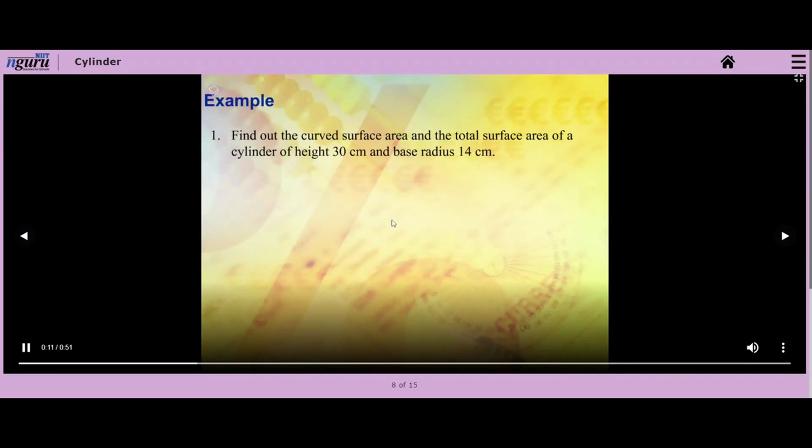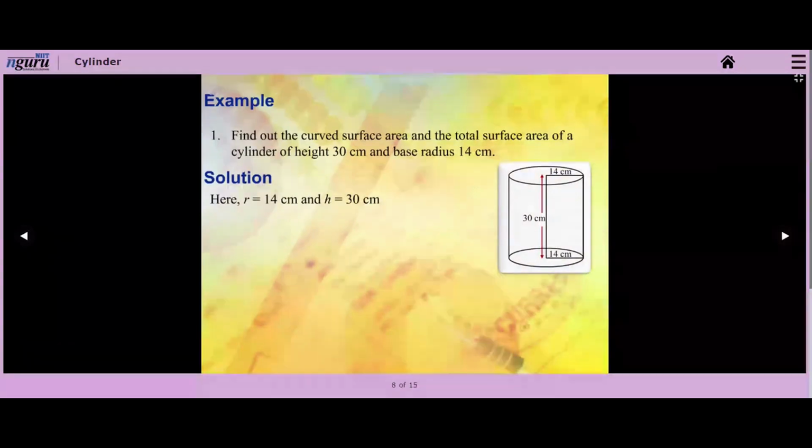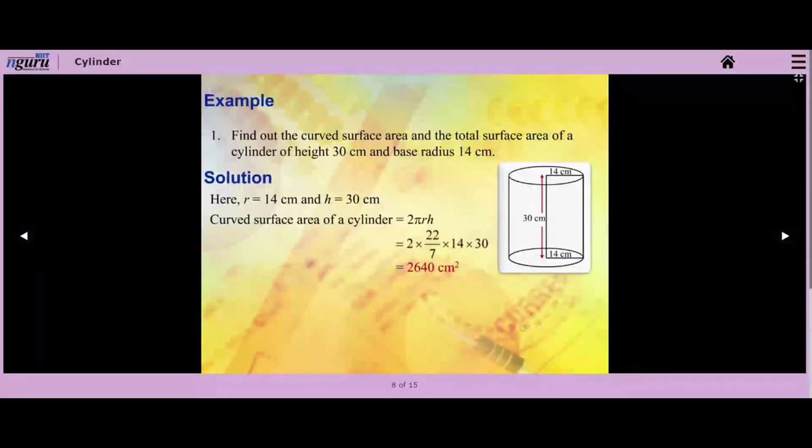22. Okay. 14 centimeters. Here, the radius of the cylinder is equal to 14 centimeters and its height is equal to 30 centimeters. We know that the curved surface area of a cylinder is 2 pi r h. On substituting the values of pi, r and h in the formula, we get 2,640 square centimeters.